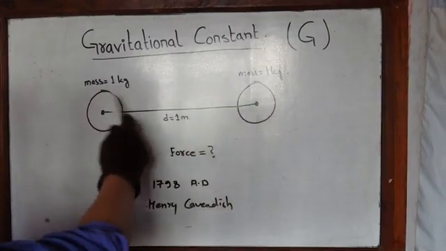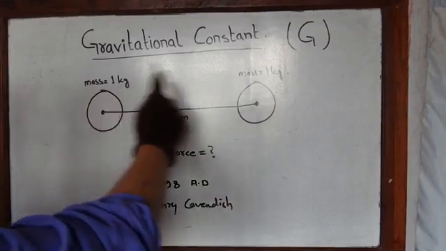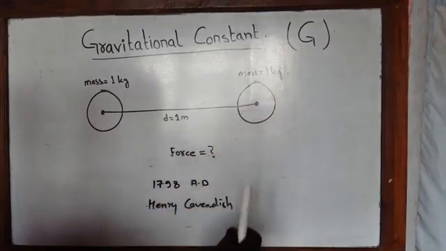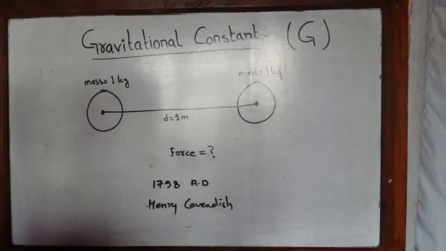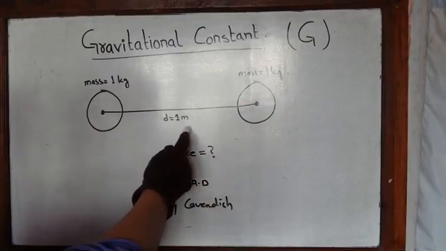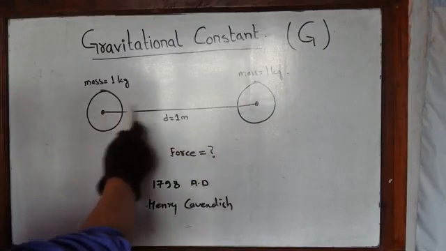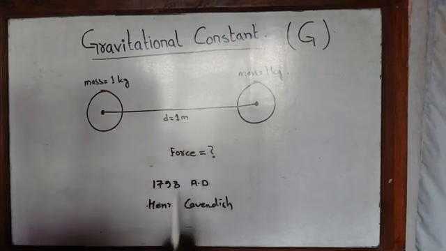One object was 1 kg and another object was 1 kg, and he placed them at a distance of 1 meter. That is, the distance between their centers was 1 meter.